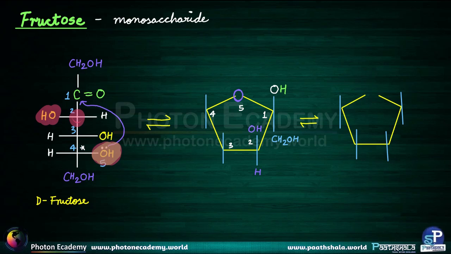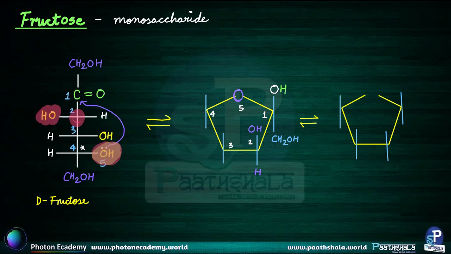And in this third carbon, we note that the previous OH is lying at trans to this next OH that we have. So, what are we going to do? We're going to place an OH at trans to the previous OH, and H is going to come at the top. Also, in the last one, we note that we have got now two groups.